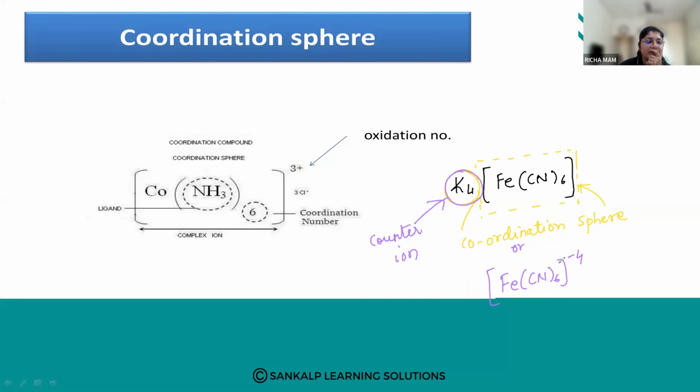So the bracket represents your coordination sphere. The ionizable groups are written outside. Ionizable means that when you add them in water, they will get dissociated.